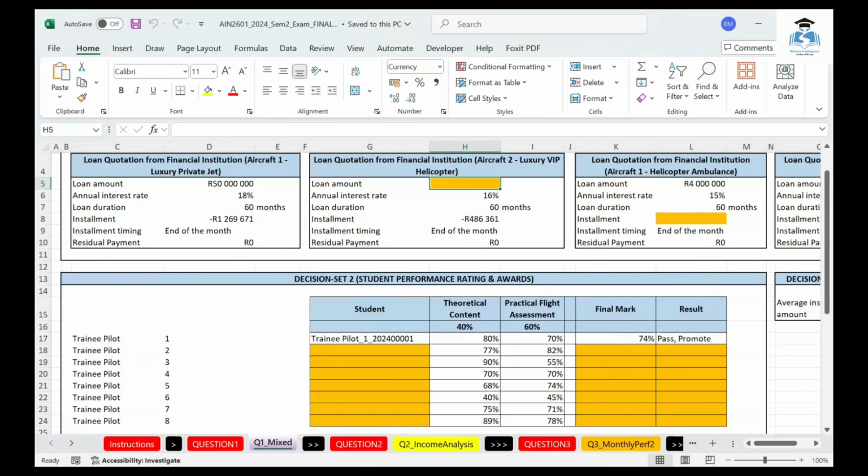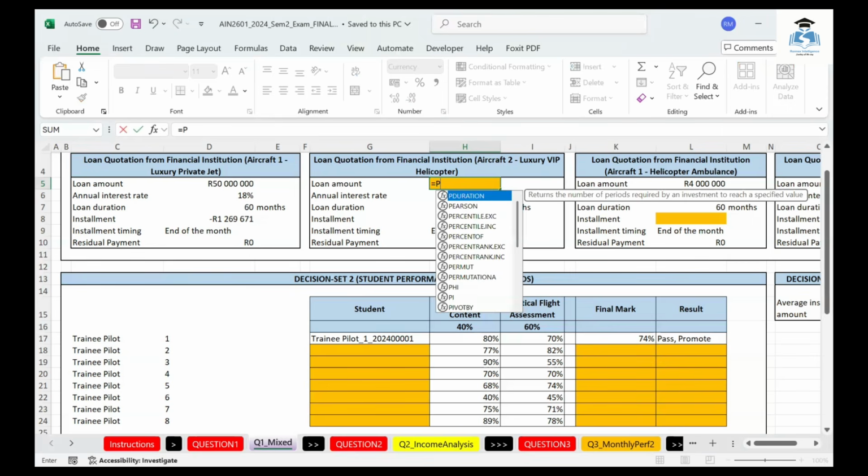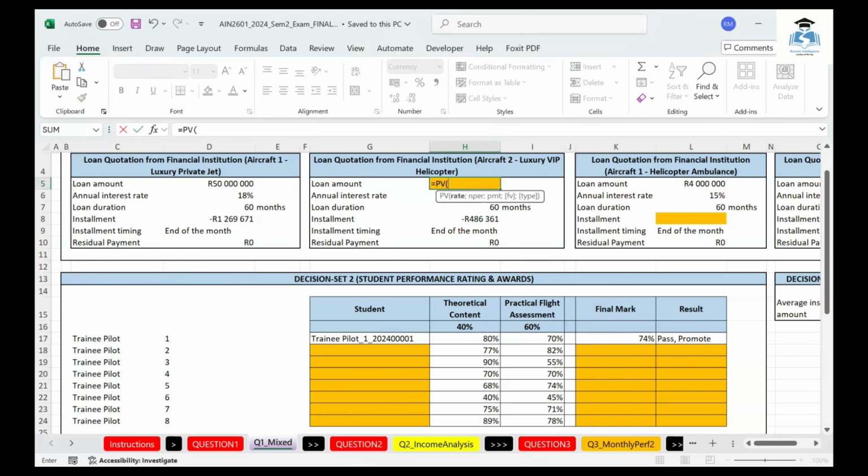Go ahead. We calculate the PV using the present value formula. Equal sign, PV. And the rate is 16% per annum divided by 12.